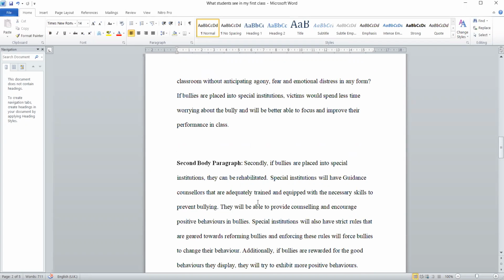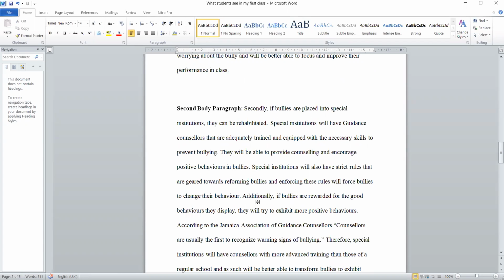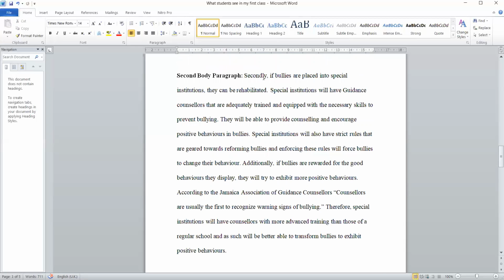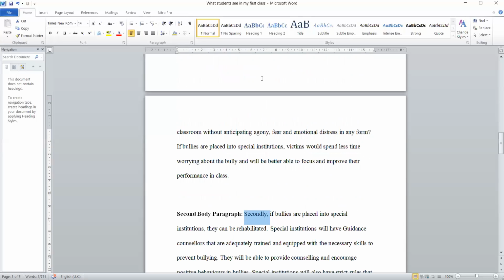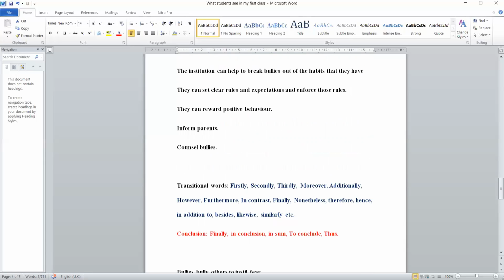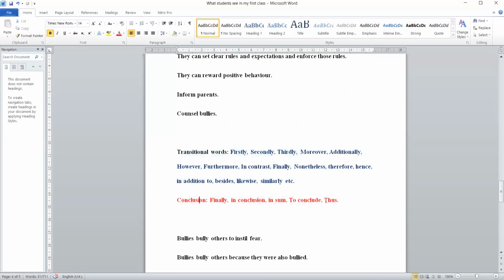Our second body paragraph, I tweaked it a little bit right here. I said, secondly, so that's my transitional word again, because that's my second point. You don't exactly have to use firstly and secondly though, but you can use some of these. You can take the time to note them down. So if you're using a concluding transition word, you can use finally, in conclusion, in sum, to conclude, or thus.